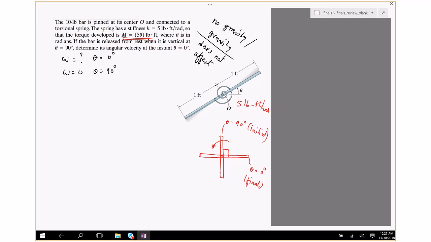So one way to do this is clearly a conservation of energy. But hold on, my bad. It doesn't quite say that it's a spring constant. It says the torque developed is M. Okay, so it gives you an external torque. M is external torque.